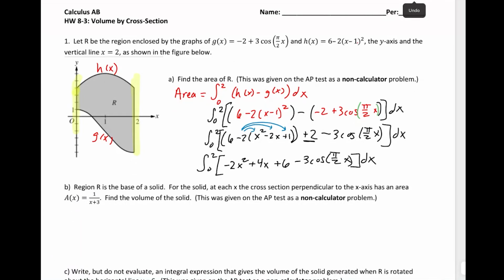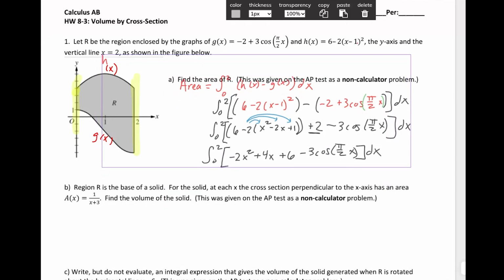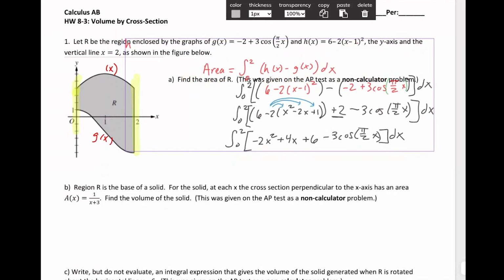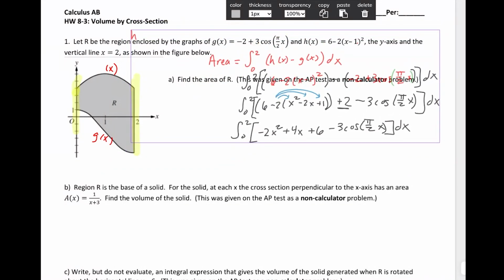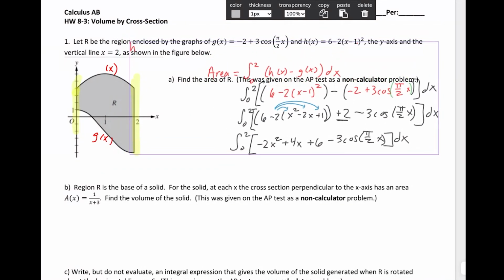So yeah, now we've got to integrate all this. We've got to find the antiderivatives of each term here. So, what am I going to do? I don't really have a whole lot of room. Let's just move all this stuff maybe up here. Can I make this smaller? Oh gosh, I don't really know how I'm going to do this.